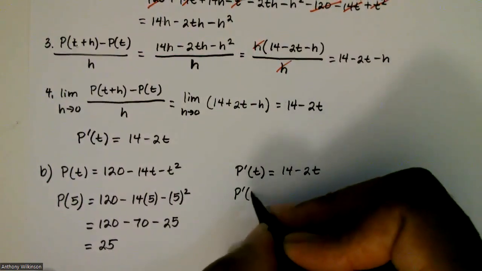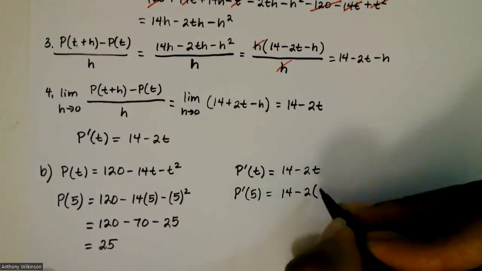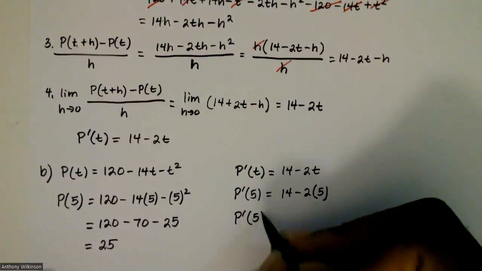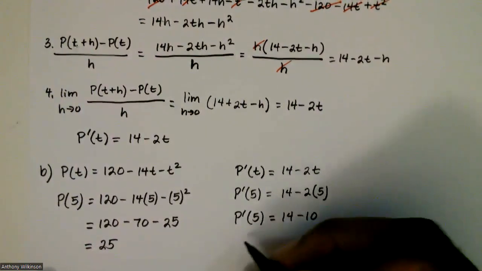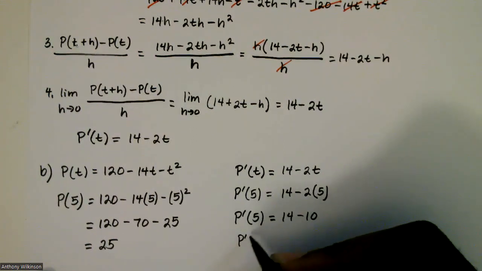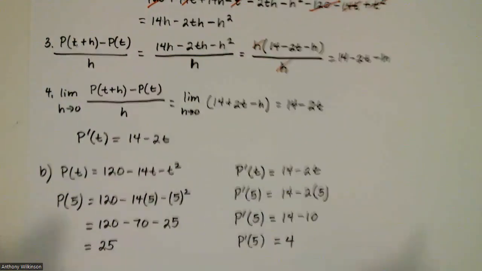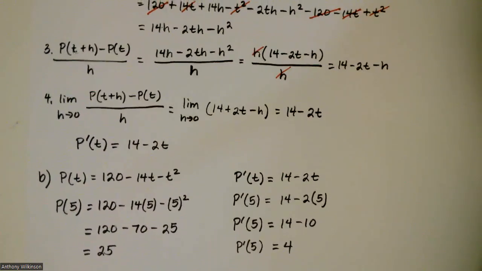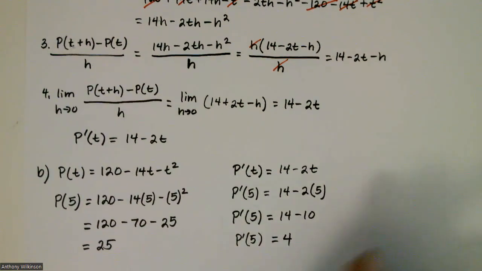So P prime of 5 would be 14 minus 2 times 5. So 14 minus 2 times 5, which is 10, gives us, what, 4? Yeah. So the average change in the ozone level after 5 hours would be 4 parts per billion per hour.